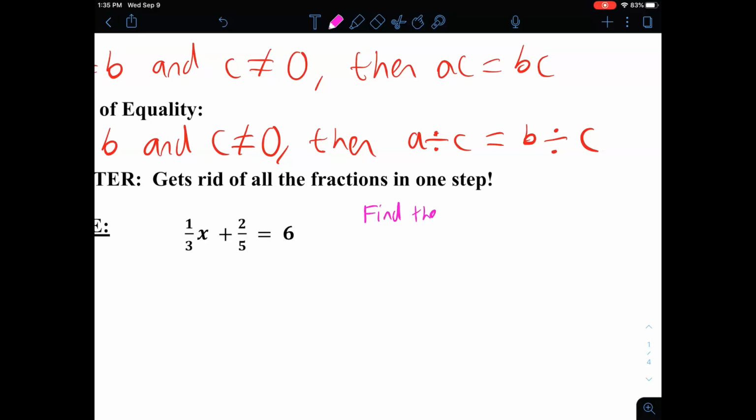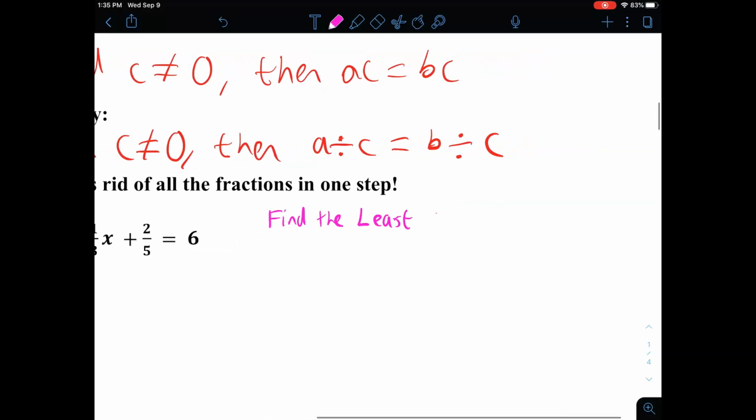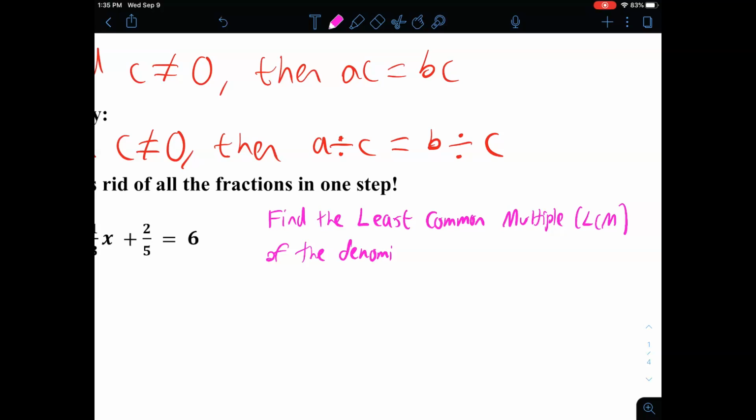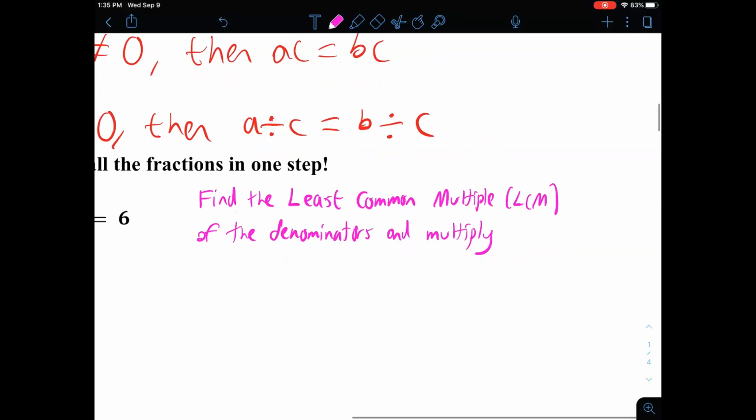And the way we're going to do that is we're going to find the least common multiple, or LCM, of the denominators and multiply every term by that number.